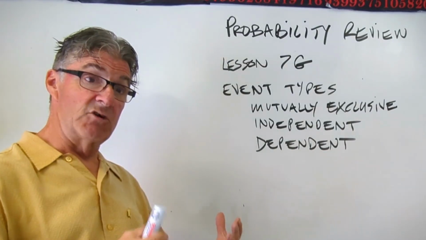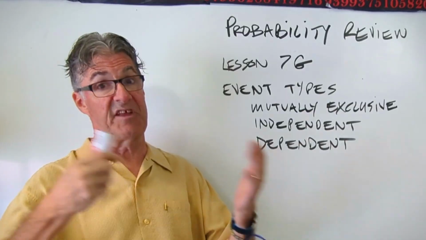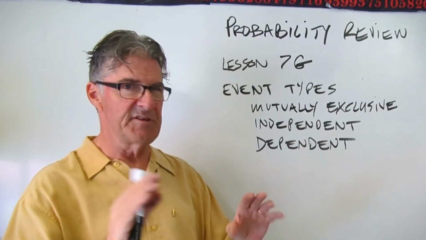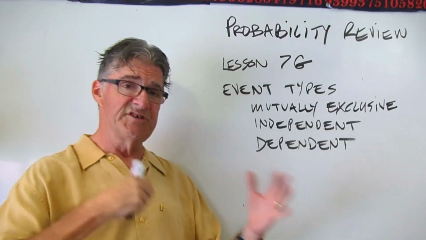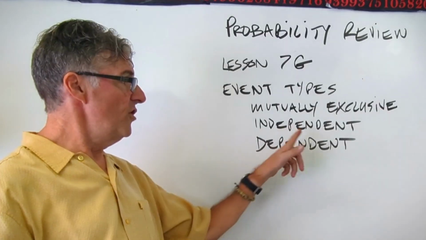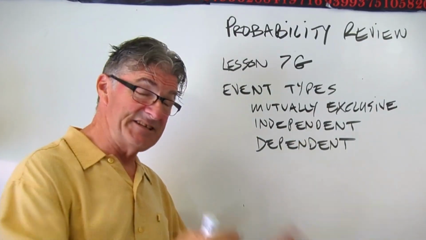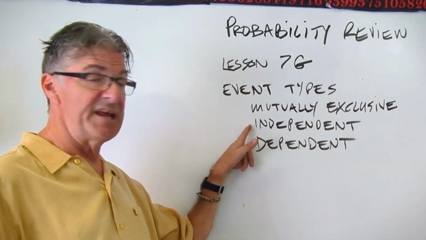It doesn't matter whether it's a boy or a girl, the probability is going to be the same in terms of their hair color. So these would be independent events. Maybe there's something about biology there that would change that, but we're just assuming that boys and girls are equally likely to be brown-haired or blonde. The chance of getting a blonde doesn't matter whether you got a girl or a boy first. So those would be independent events.